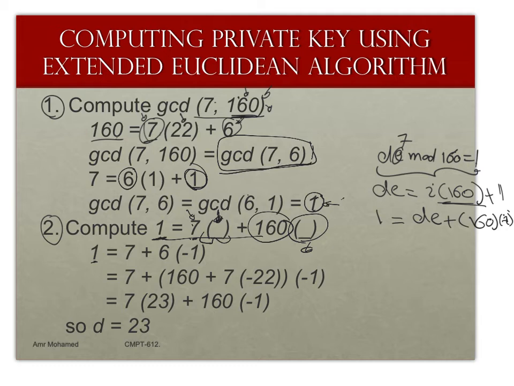This means that the 1 is in fact 7 plus 6 times minus 1, from here. Once this number becomes 160, we stop, and the number multiplied by the 7 becomes the multiplicative inverse, which is D.